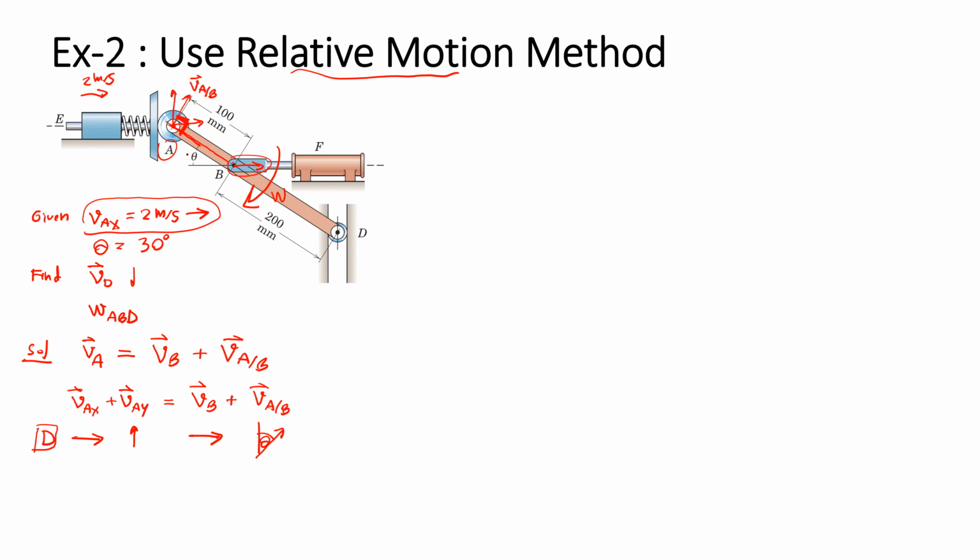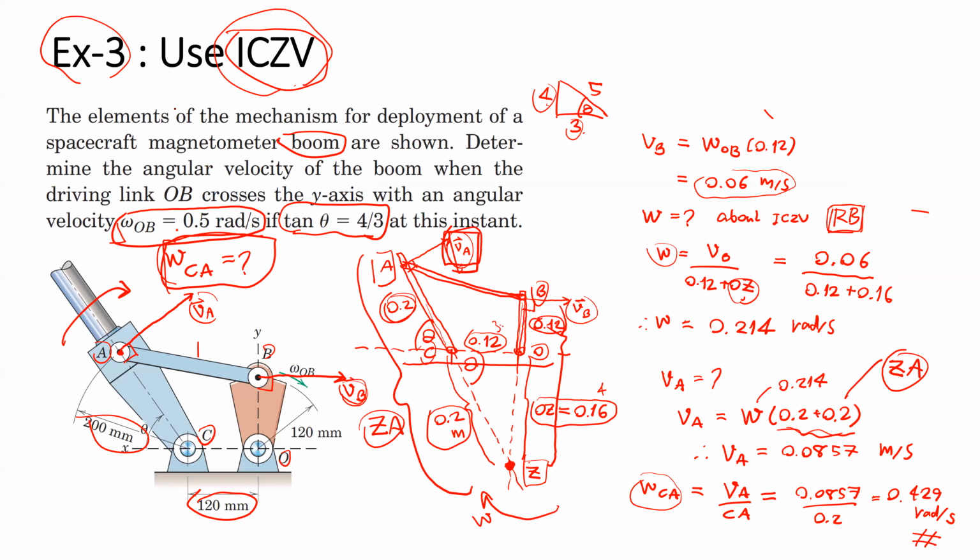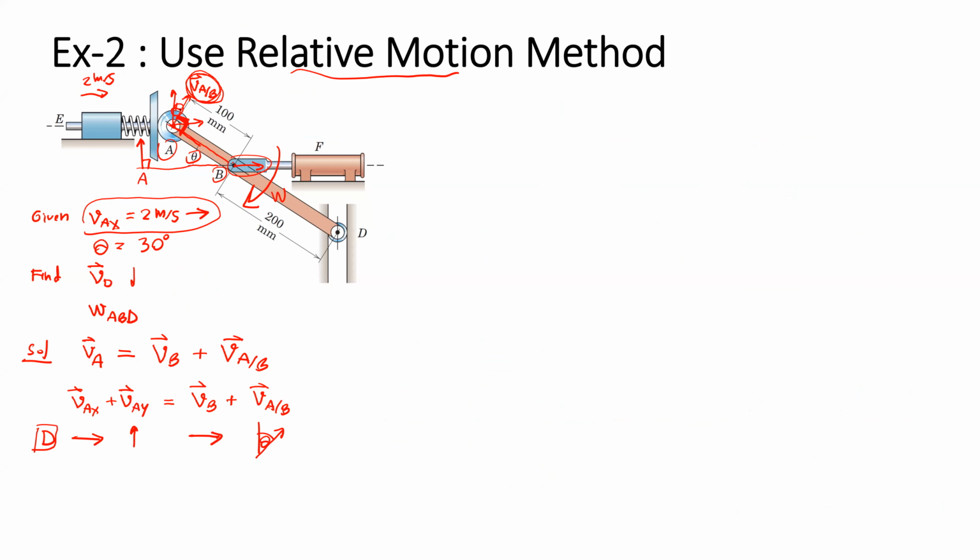If the line AB is in horizontal direction, the velocity will point upward because it's perpendicular to the line AB. Now line AB has angle theta with the horizontal direction. The velocity of A with respect to B, the direction also deviates from the vertical direction by theta. Here's the direction.